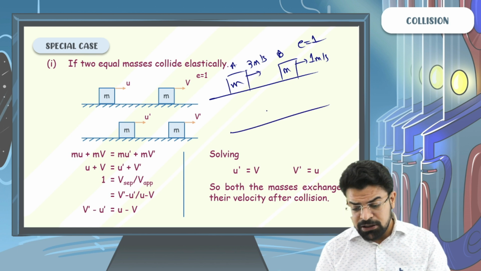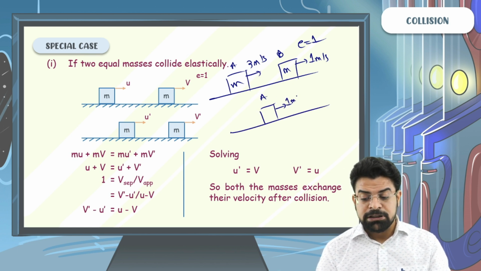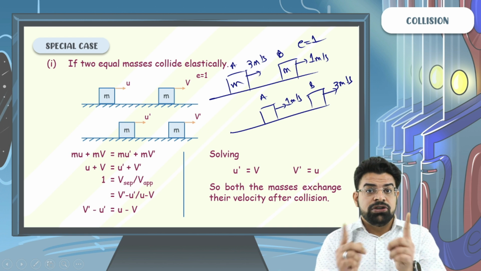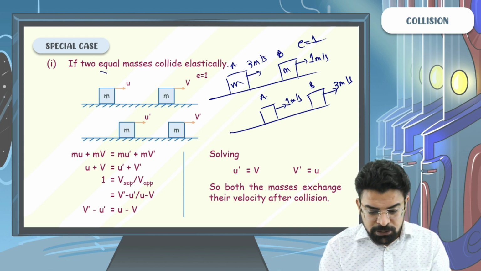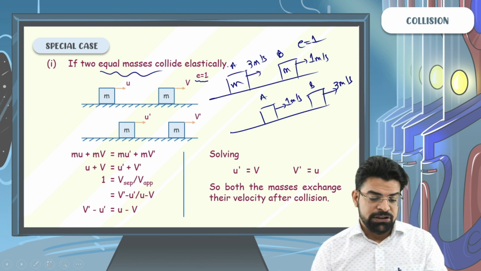Then after the collision, A will move with a velocity of 1 meter per second while B will move with a velocity of 3 meter per second, because they will exchange their velocity, again when both the masses are equal and the collision is elastic in nature.